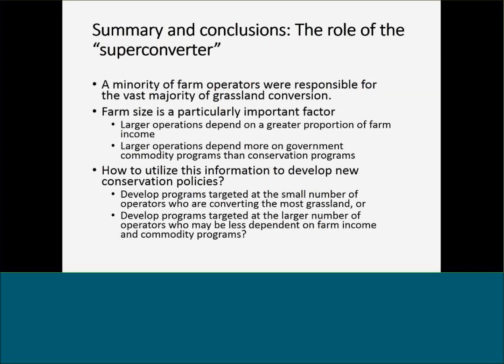Another way to look at it could be to say, okay, well, maybe this small number of super converters, we can't really do anything about, given the economic pressures that they're under and the types of external factors that they're responding to. Maybe it's not even worth trying there.